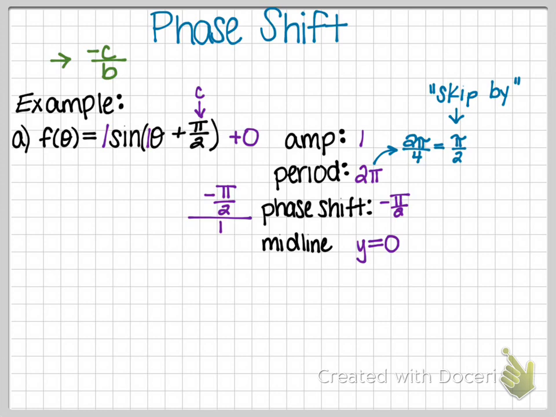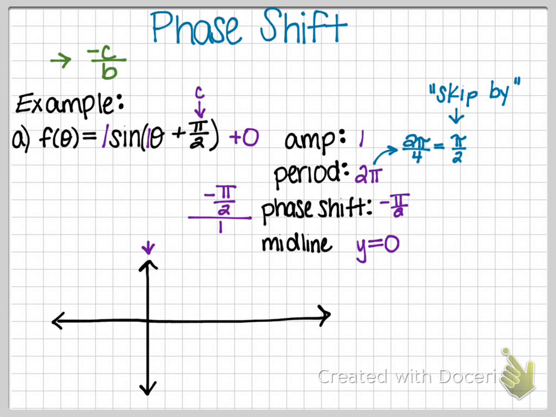Alright, so when we want to graph this thing out, now, usually, my graph would start at 0, right? So I would start with sine at the midline at 0, and cosine at a maximum at 0.